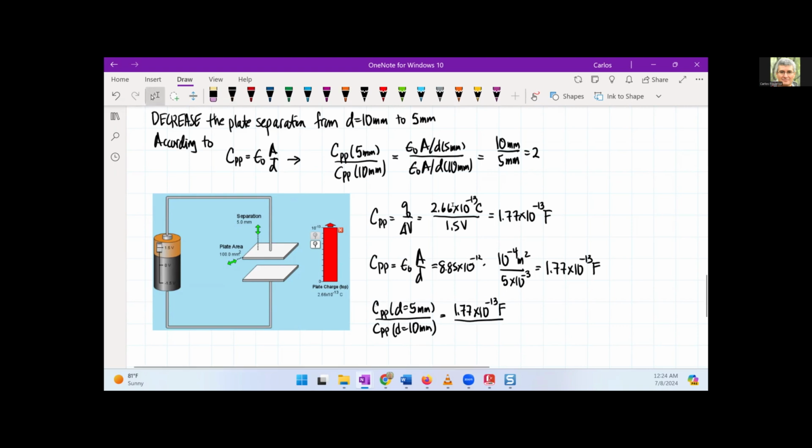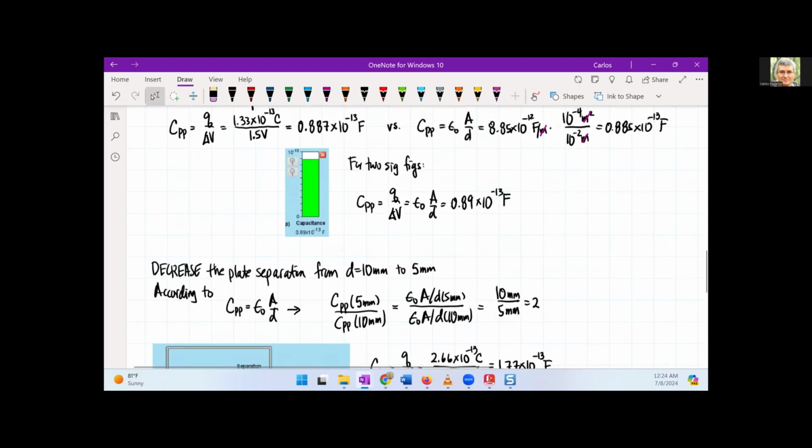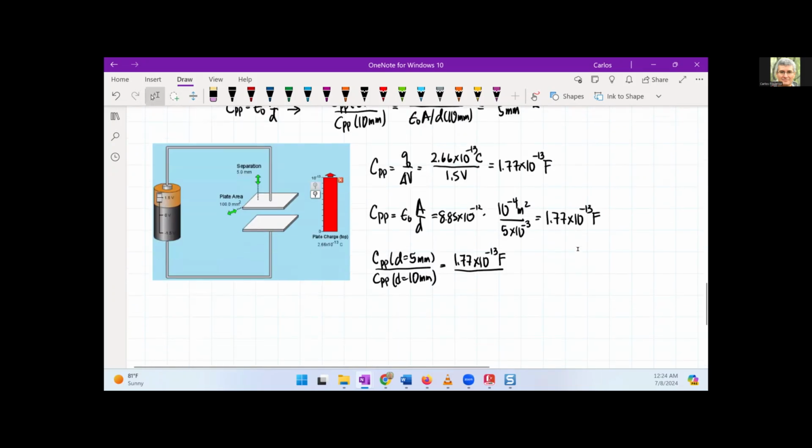The one that we just computed for 10, you can see that's 0.89 to 2 sig figs, but to 3 sig figs, it's 0.887 times 10 to the minus 13 farads. And so I get 1.996, which is, of course, equal to 2, which is exactly what we expected.